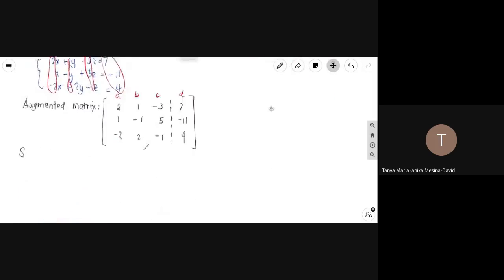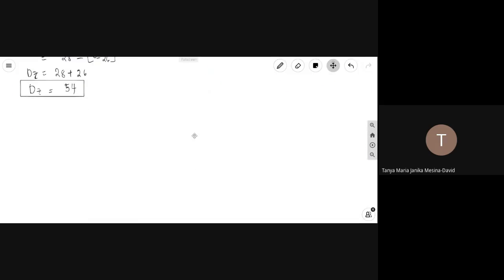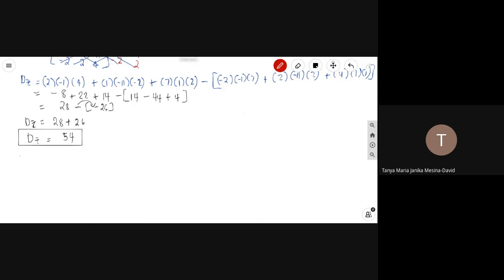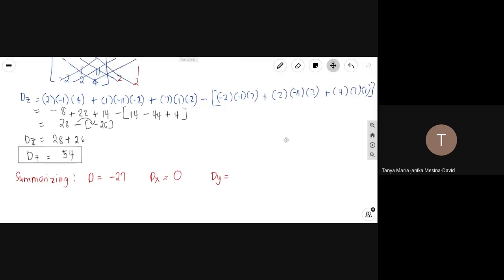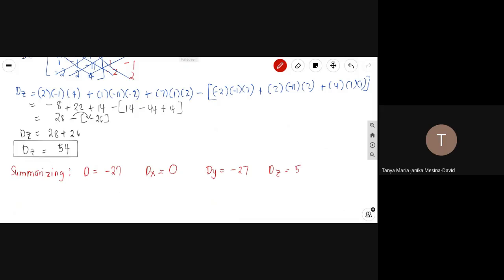So let's do that. Summarizing the values of the determinants, we have d, which is equal to negative 27, dx, which is equal to 0, dy, which is also equal to negative 27, and dz is equal to 54.